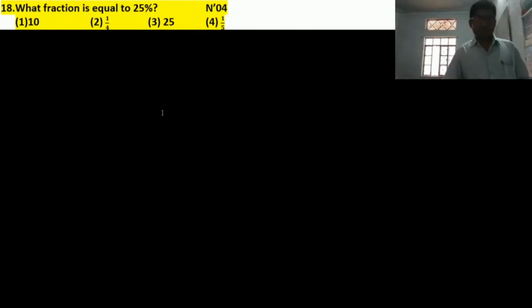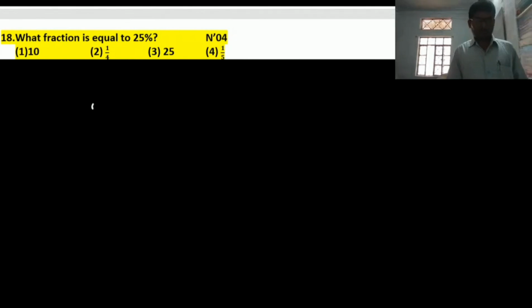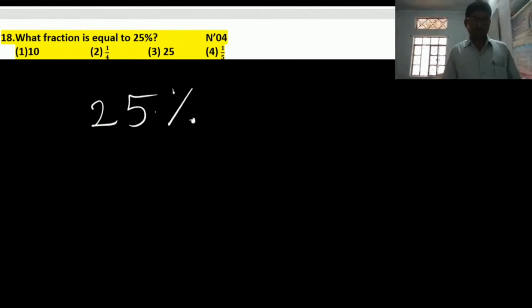Question number 18. What fraction is equal to 25%? To convert into a fraction, divide by 100.